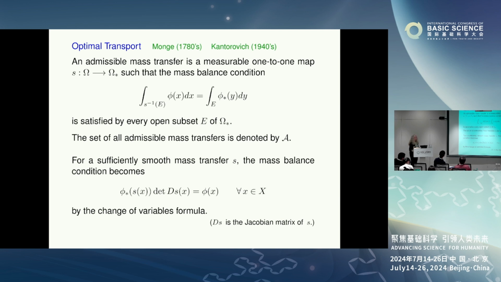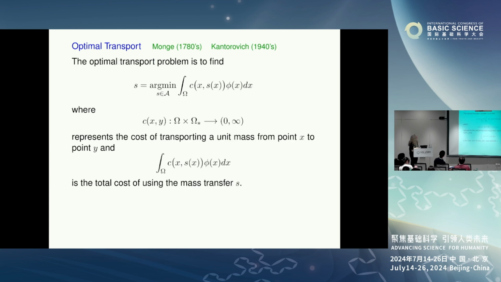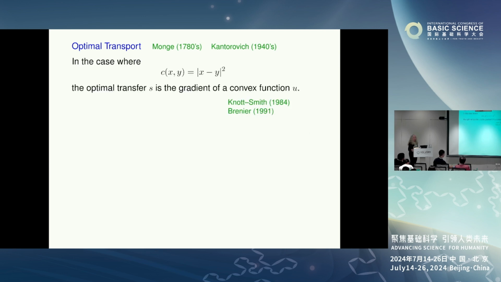For a sufficiently smooth mass transfer S, we can rewrite the mass balance condition by using the change of variables formula. The optimal transport problem is to solve a minimization problem where c represents the cost of transporting a unit mass from point x to point y, and this integral is the total cost of using the mass transfer S. In the case where the cost is the square of the Euclidean distance between x and y, the optimal transfer S is the gradient of a convex function.